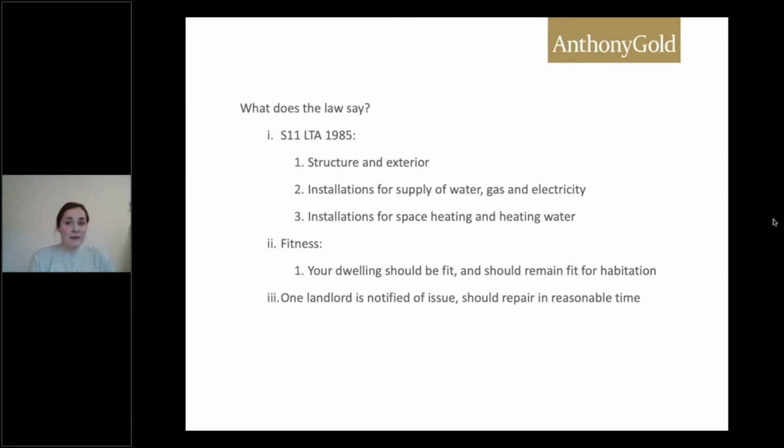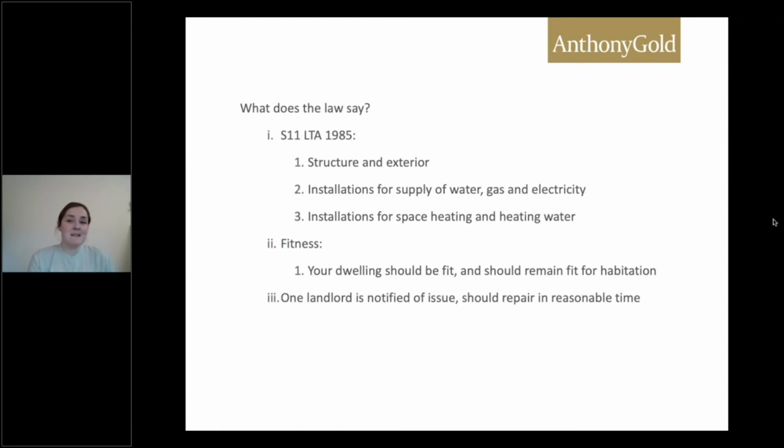Under this law, your landlord may be in breach of the obligations if there are issues that pose a risk to your health and safety, such as serious damp and mold, electrical hazards, or environments that allow excessive cold or heat within the property. It might be one of those issues, or it might be a number of those issues together that make the property unsafe. And so this legislation can be very helpful.